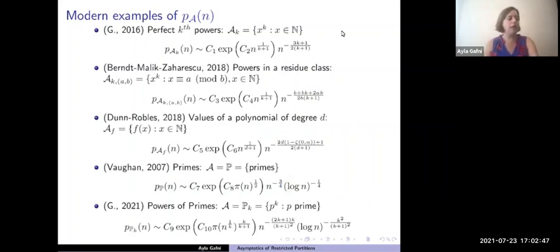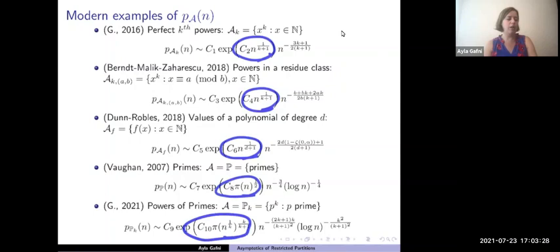Now, in the exponential, we also have something very similar. We always have a constant times a power of not n, but a power of the growth of the function. So the number of elements in our set that are less than n to the power k over k plus 1. So that's what's happening here inside the exponential.